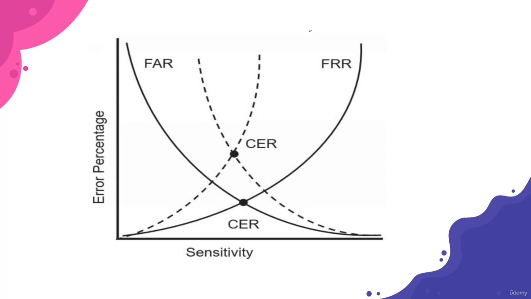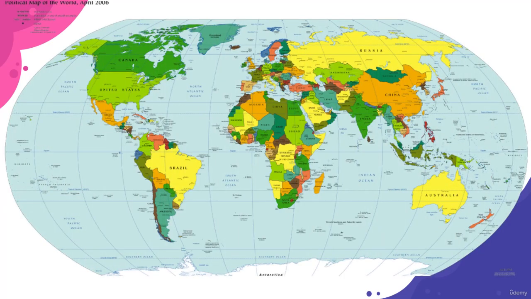You can determine the effectiveness of a biometric system by plotting the FAR and FRR ratios using different sensitivities. CER, the crossover error rate, is the point where FAR intersects FRR. A lower CER indicates that the biometric system is more accurate. For example, the system shown in solid lines in the figure is more accurate than the system shown in dotted lines.